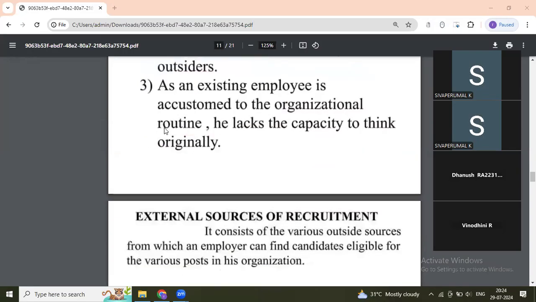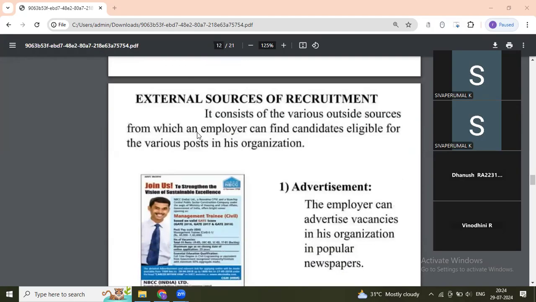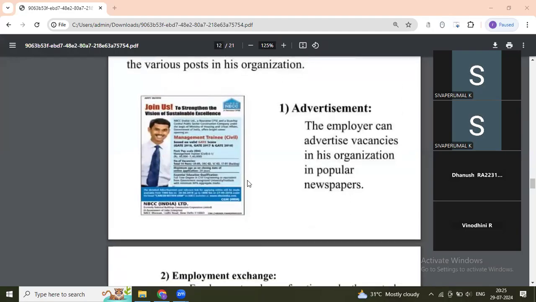Now we can look at the external sources of recruitment, right? External sources means, as I said earlier, candidates chosen from outside. It consists of various outside sources from which an employer can find candidates, meaning eligible candidates for eligible posts in the organization. This is possible through advertisement.